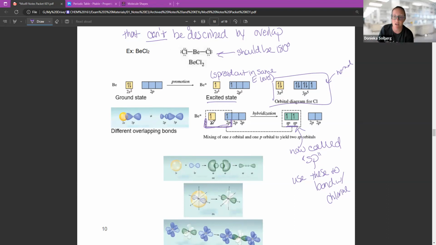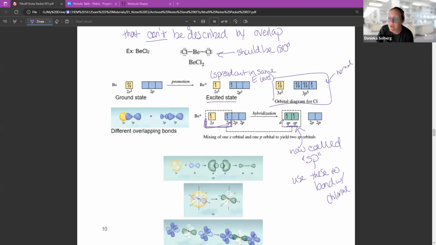So instead of being a 2s and a 2p, an s and a p, they are now called sp orbitals because they're made of an s and a p, and they are the same. They are similar in energy, and now we have 1 and 1. So these two have now been hybridized, and we get two sp orbitals, and those are the ones that can do the bonding.